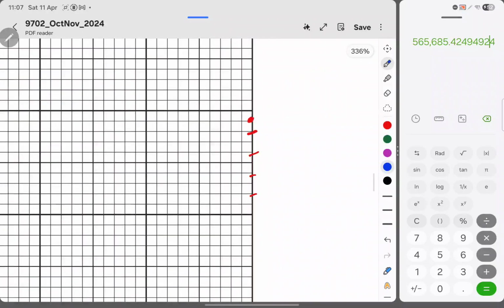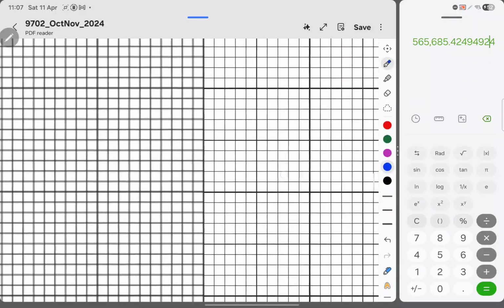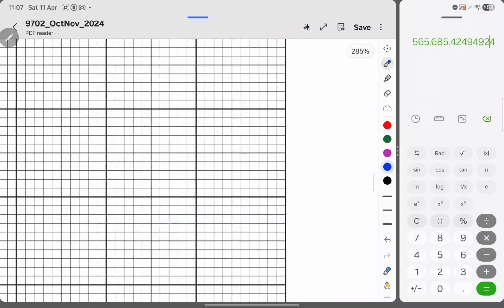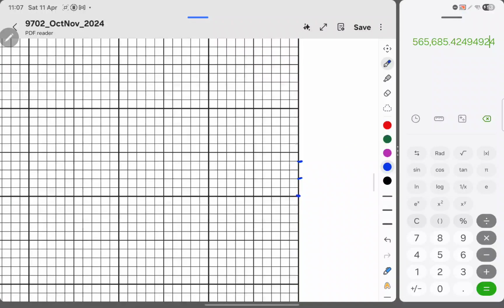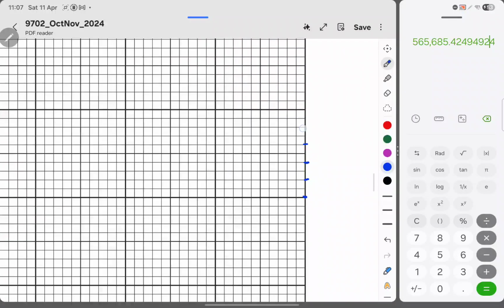So if we see this, it is 1, and then it's 1.1, 1.2, 1.3, 1.4, and that is 1.5, and the value is 1.46, so that will be 1.45, more or less somewhere here, just above the 1.45 value, right?